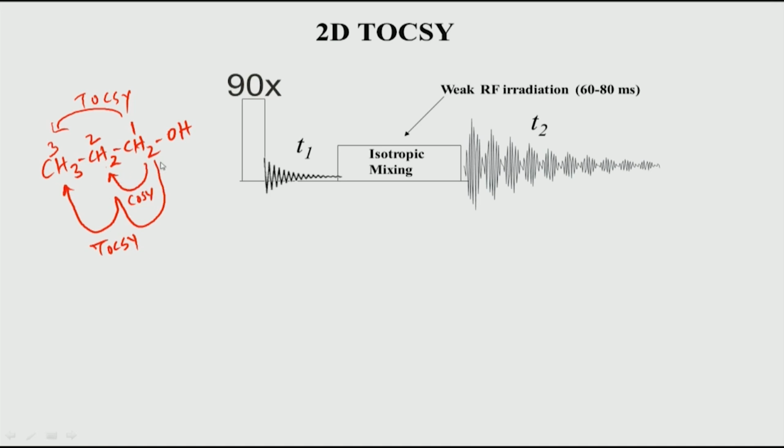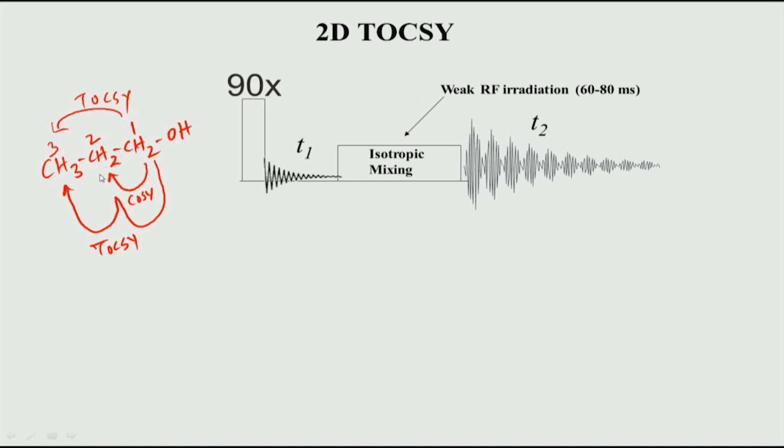So, there is no transfer from this hydrogen all the way up to 3 in a COSY, but in a TOCSY experiment, because we apply what is known as isotropic mixing, the magnetization first flows from here to here, then it is transferred from here to here.